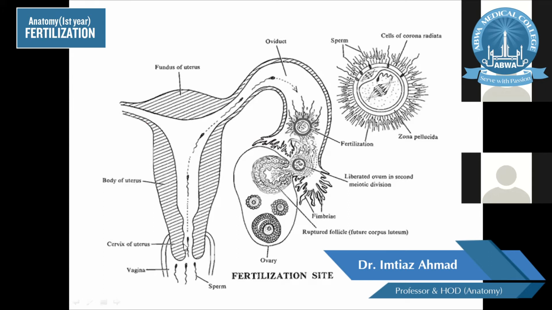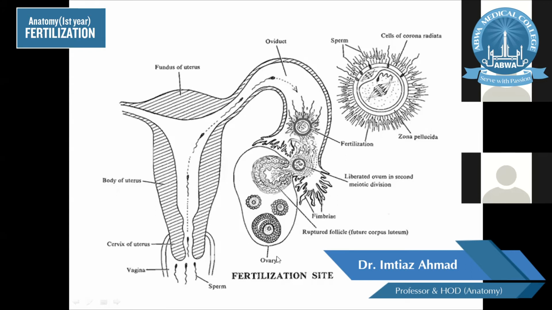From here they move up to the cavity of the uterus, from the body. Then they pass on to the fallopian tube or the oviduct, and its distal part, known as the ampulla.